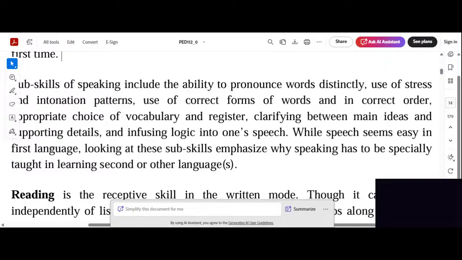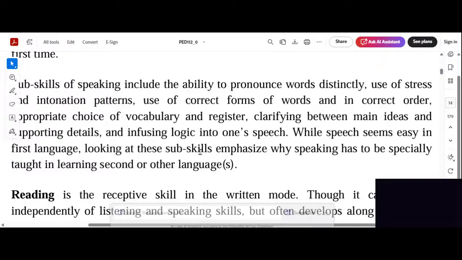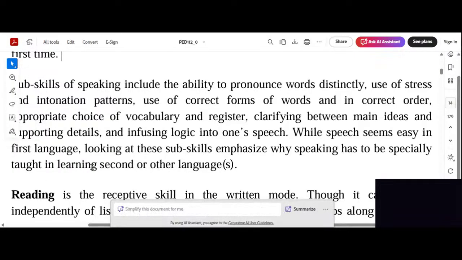So, looking at these sub skills emphasizes why speaking has to be specifically taught in learning second or other languages.